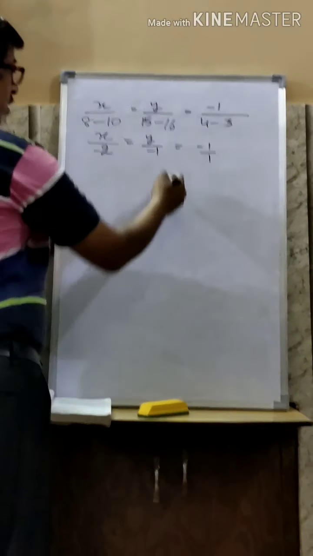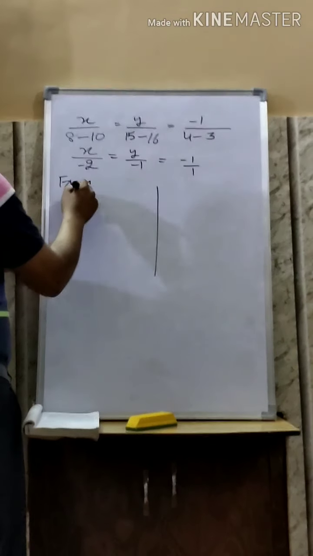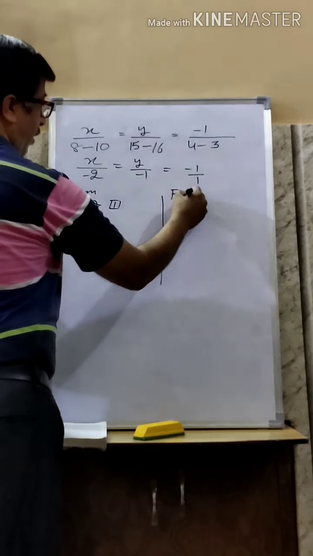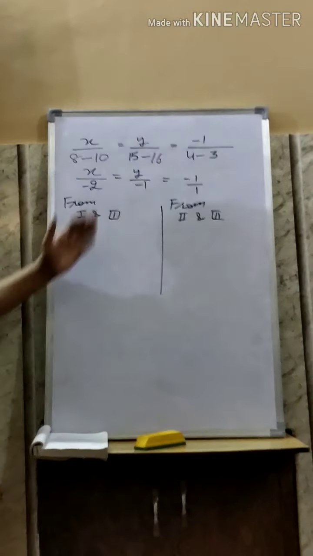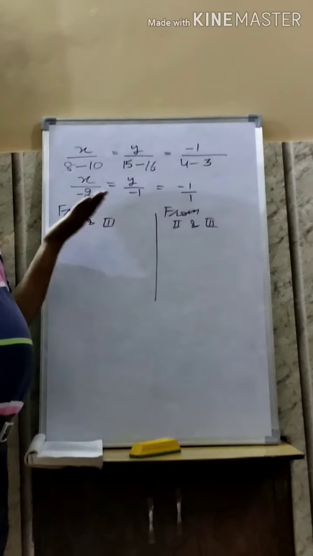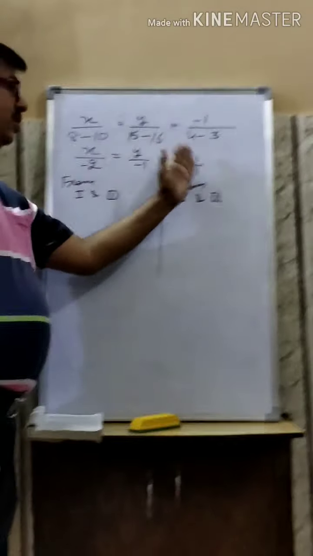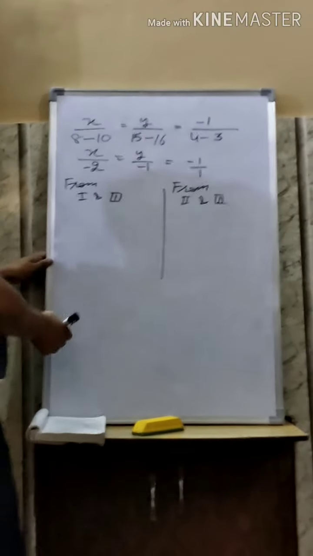Now these are the three terms which are equal to each other. First I will take the first and third, and then the second and third, because if I take the first and third, then only x is there, and the value of x will come. If I take the second and third and cross multiply, the value of y will come. Clear this?